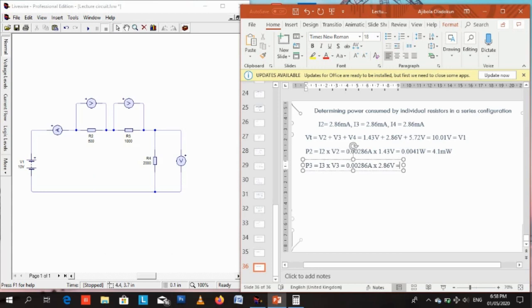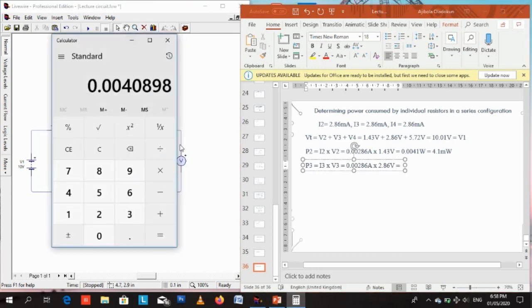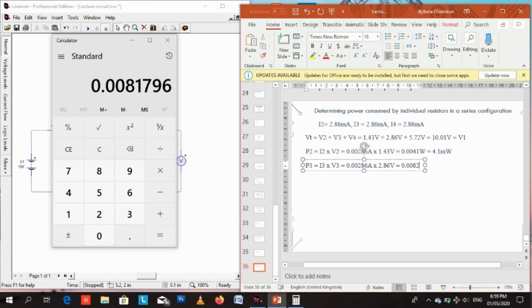If you multiply that on the calculator, 0.00286 multiplied by 2.86 gives us 0.00818 watts, capital W. If you move the floating point three places to the right, that's 8.2 milliwatts.